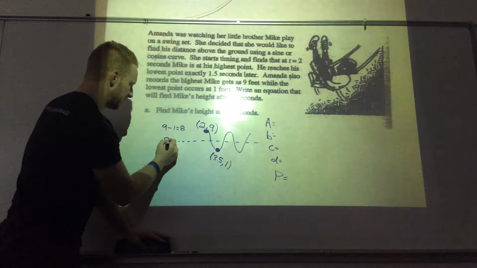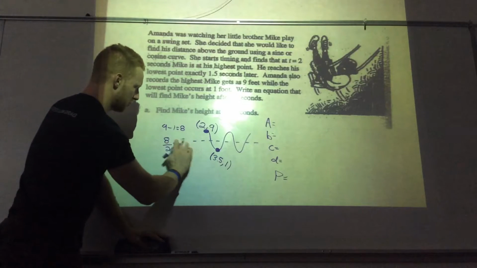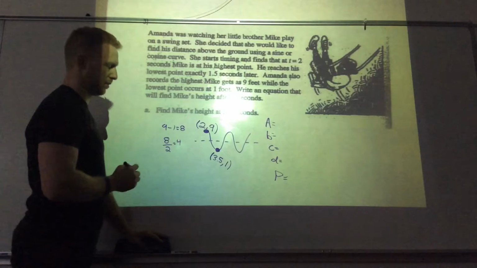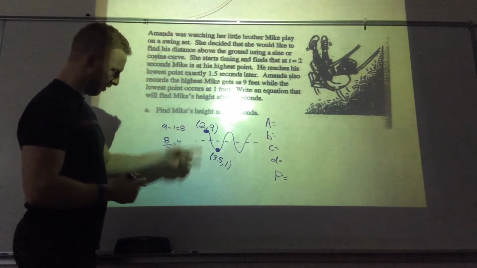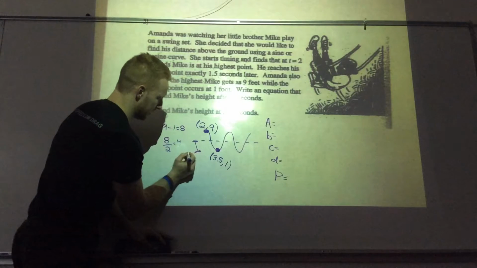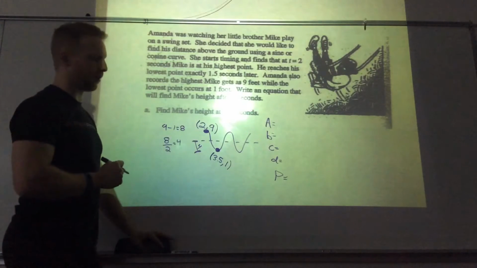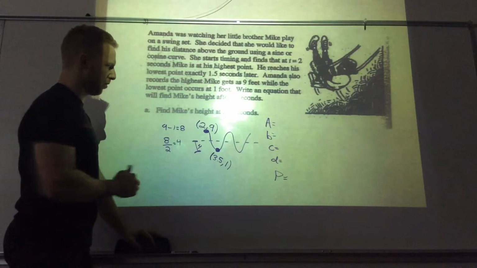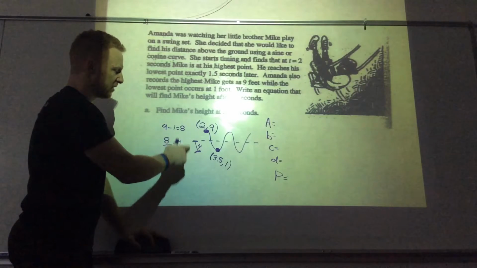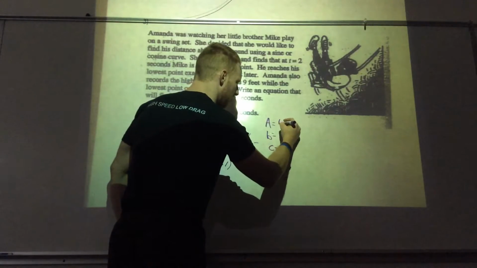What is 8 divided by 2? That is 4. So there's 4 feet from here to here, and from here to here is 4 as well. So from the midline to the minimum or midline to the maximum, our amplitude is now 4.